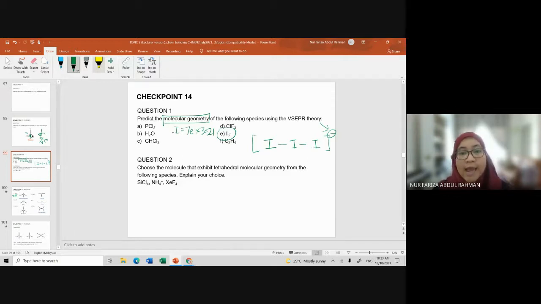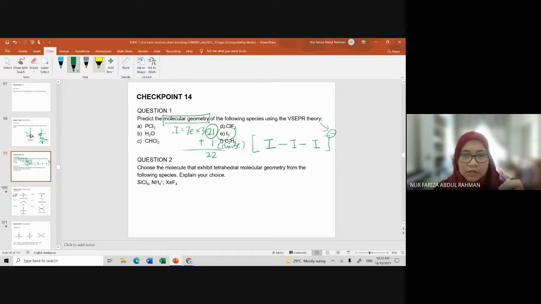For a cation we subtract, for an anion we add. As you can see, the value is 21, which is an odd number. Supposedly it should be an even number, except for odd electron species, the exception we had last time. So we add 1 electron because of the charge of the ion. Total up, we have 22 electrons.